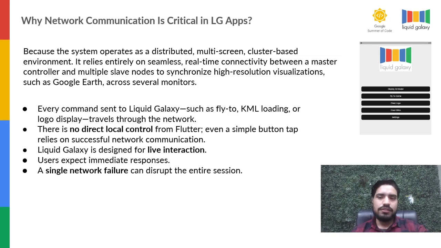So this command also travels through a network. So the network communication between both the parties must be strong so that it can easily execute the command which we send from the Flutter app and it displays the result on Liquid Galaxy.